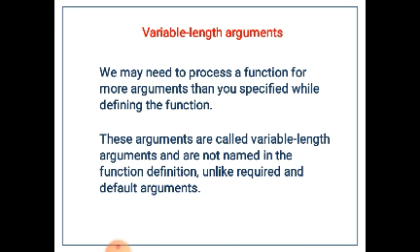And the last one, the most important one in Python, variable length arguments. These variable length arguments are needed to process a function for more arguments than we specified while defining a function. These arguments are called variable length arguments and are not named in the function definition, unlike required and default arguments.